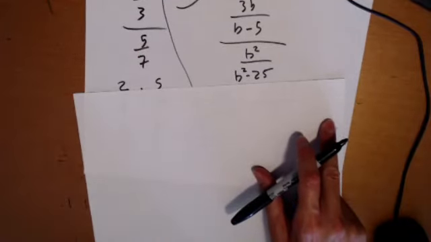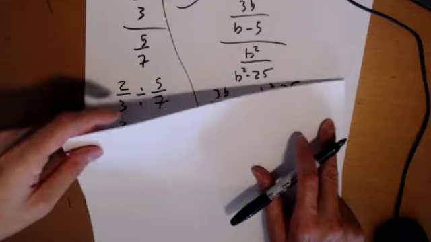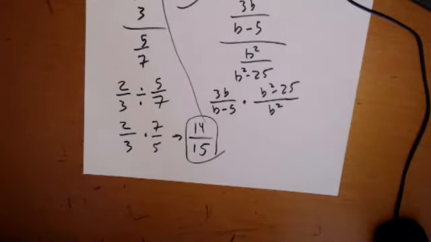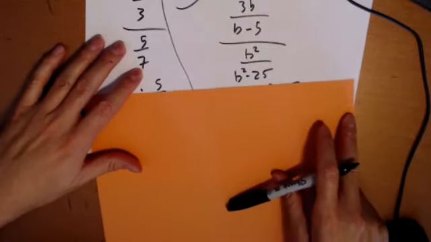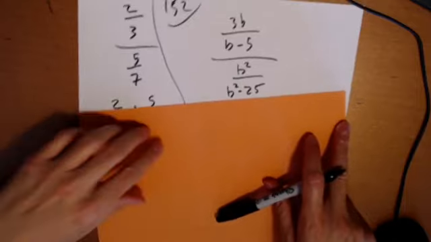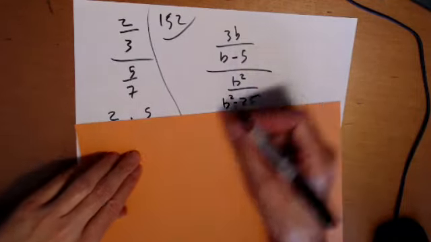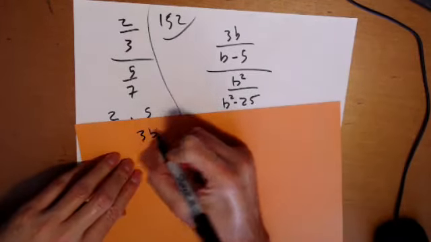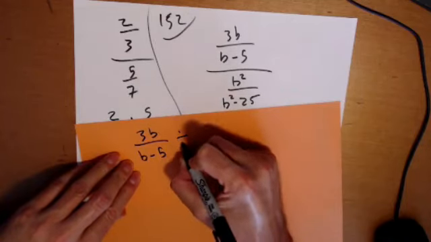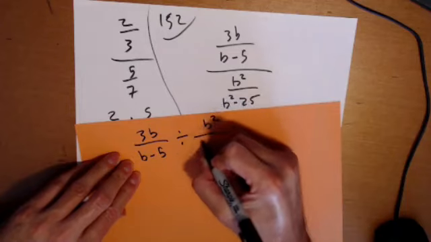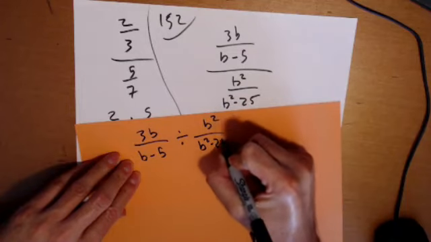How does this look? Darker piece of paper might work. Okay, so here's the problem right here, 152. And this is just 3b over b minus 5 divided by this thing, b squared over b squared minus 25.